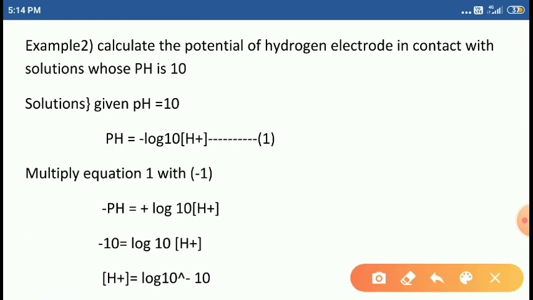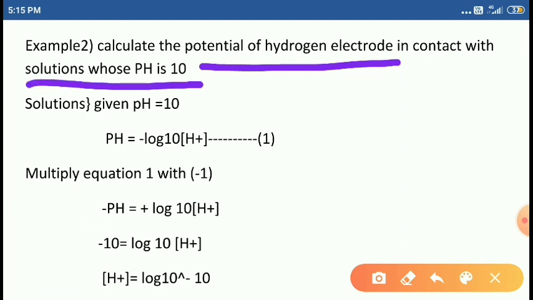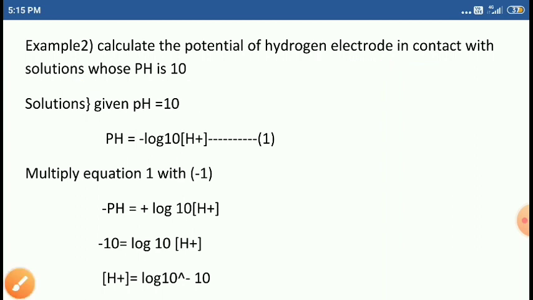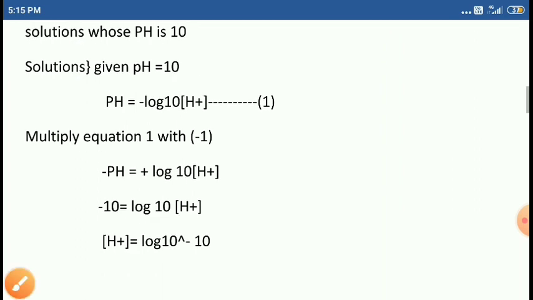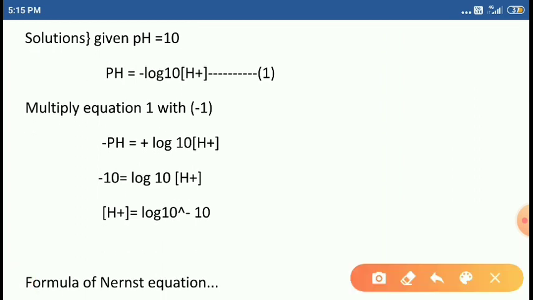Next, calculate the potential of a hydrogen electrode in contact with a solution whose pH is 10. Many students are asking how to solve this pH 10 example. We already know the pH formula: pH is the negative log of hydrogen ion concentration.